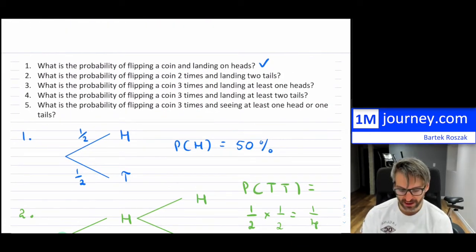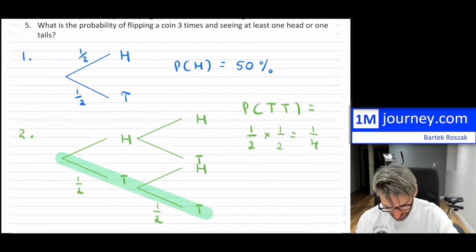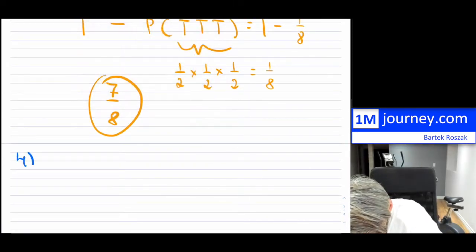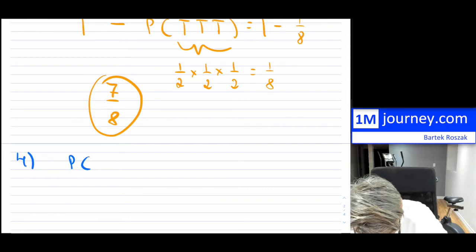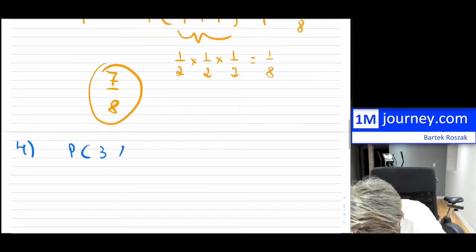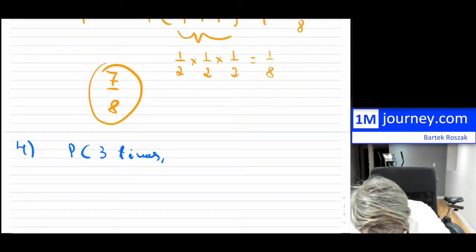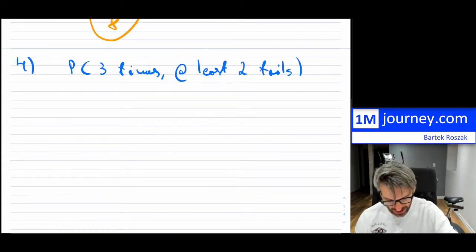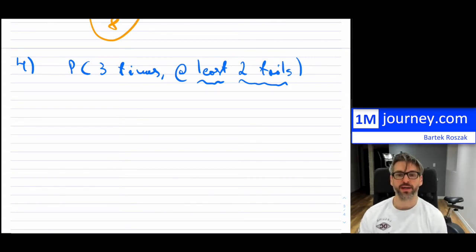Question number 4. What is the probability of flipping a coin 3 times and landing at least 2 tails? All right, so something similar. It does say at least, but now it says at least 2 tails, not just 1.